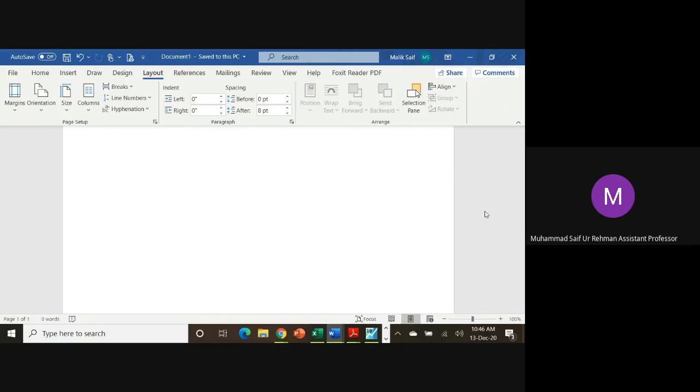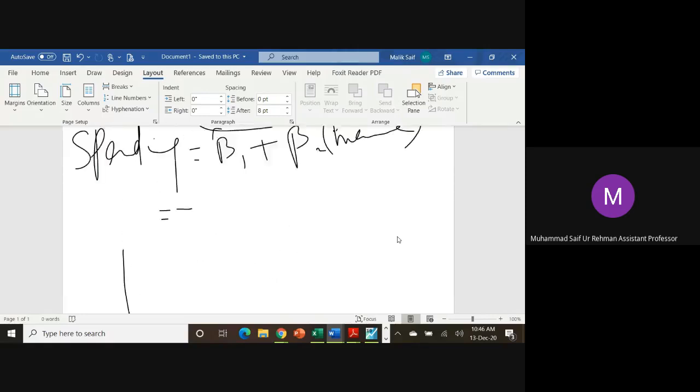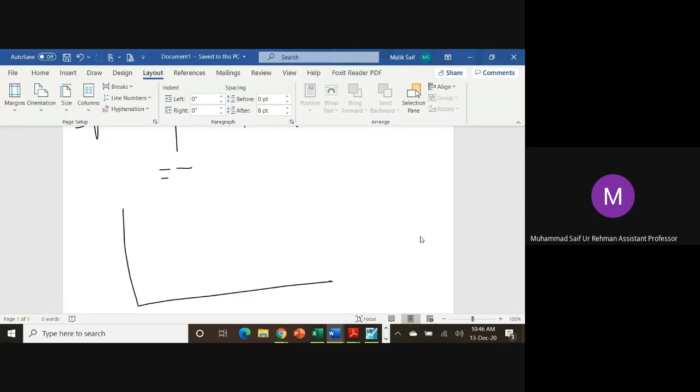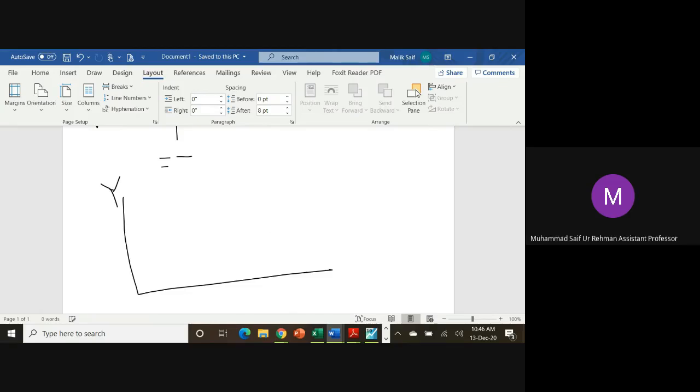What will happen? Let us say in this relationship there is an issue of heteroscedasticity. How will you detect it? Let us say you have some data for Y. You are going to draw a graph.